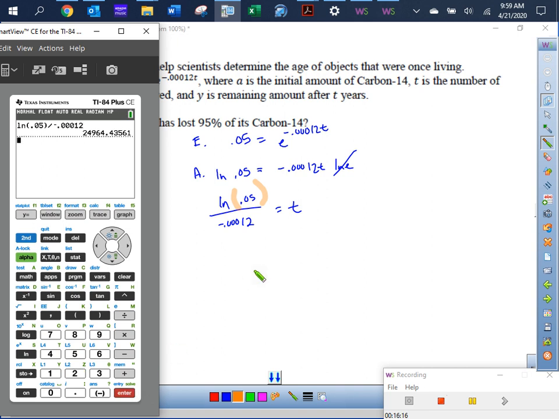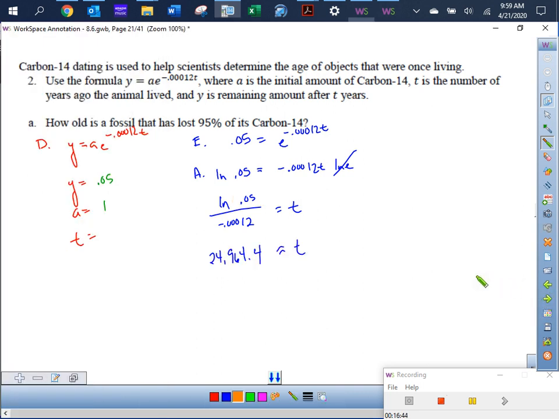And how long should it take? This is a fossil underneath the ground, and it's lost 95% of its carbon-14, so it should be there for a very, very long time. Yes, 24,000, almost 25,000 years old.